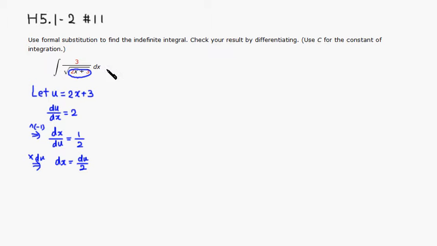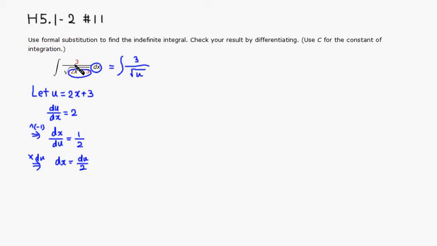So let's rewrite that. You have 3 on top, so that's not too bad, and over the square root of u. Then dx right here.